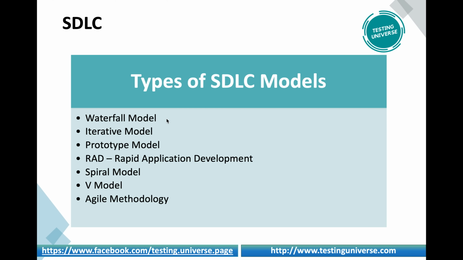The first one is waterfall model, iterative model, prototype model, rapid application development, spiral model, V model, and agile methodology. These are all very important models which we have used, and these are traditional models. But agile methodology is the model which is used currently in the market.